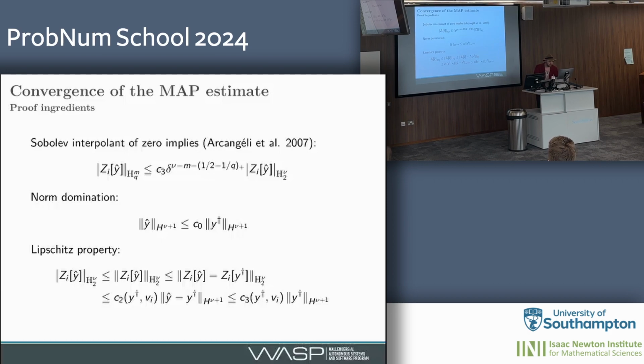Well, okay, so there is this sort of result that, suppose the components of this z, I call them z_i, are in fact Sobolev functions of smoothness nu, then from Arcangeli et al. 2007 we get this kind of result.